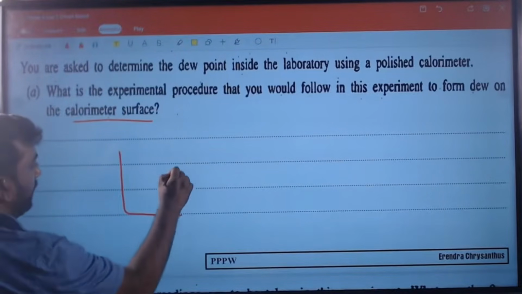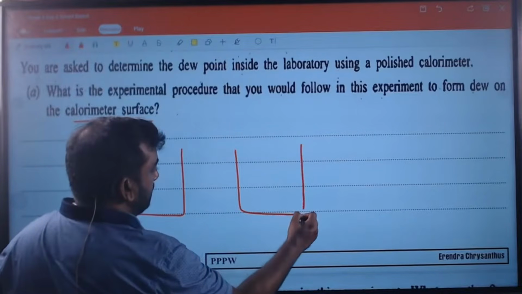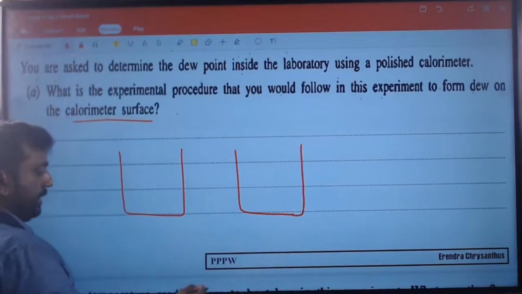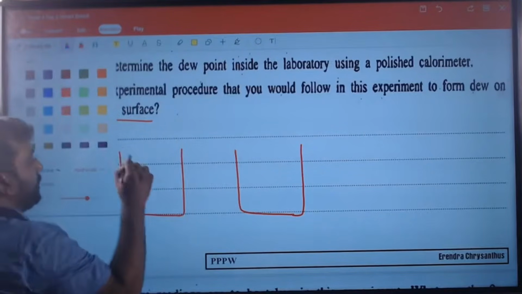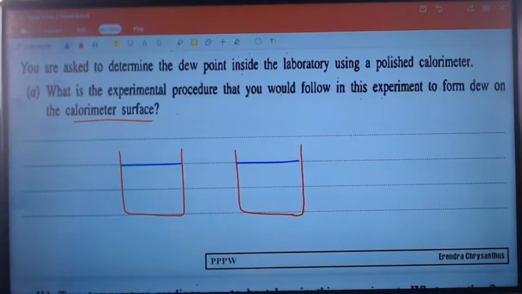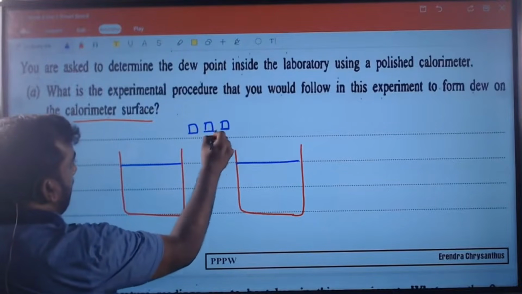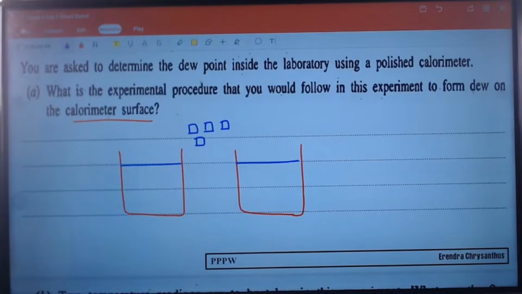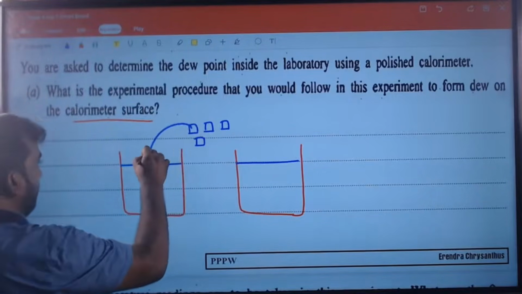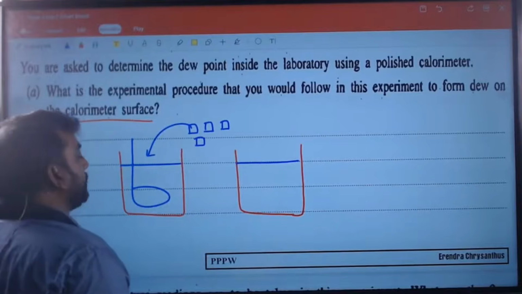So what you do is you take two polished calorimeters. Fill them with water about 2/3 or half. Take ice cubes. Insert one ice cube at a time and stir.